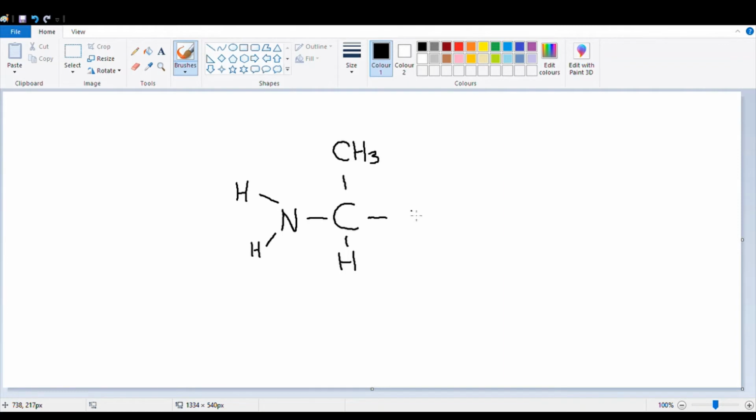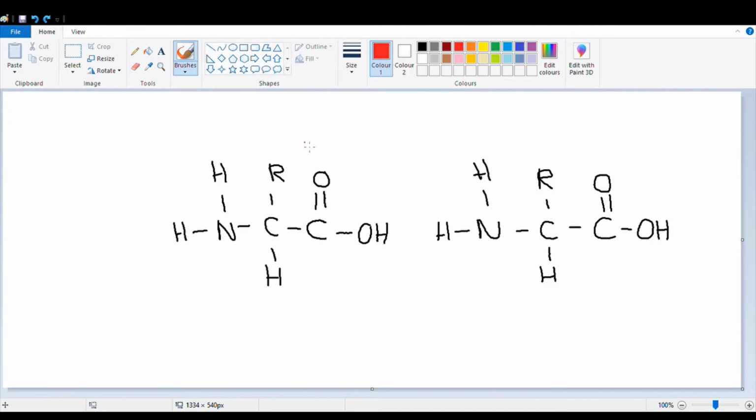And then again, for our carboxyl group, we do a stick coming off on the right. We draw another carbon, and this time we have our double bonded oxygen and our hydroxyl group. So that is a full structure for an amino acid. Now let's take a look at how amino acids react to form dipeptides.